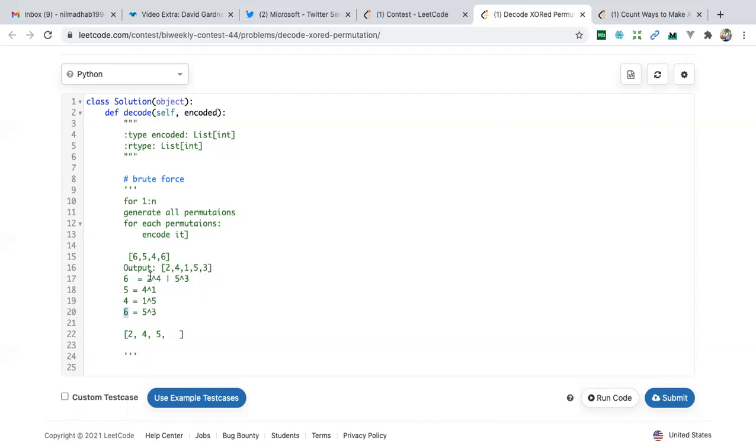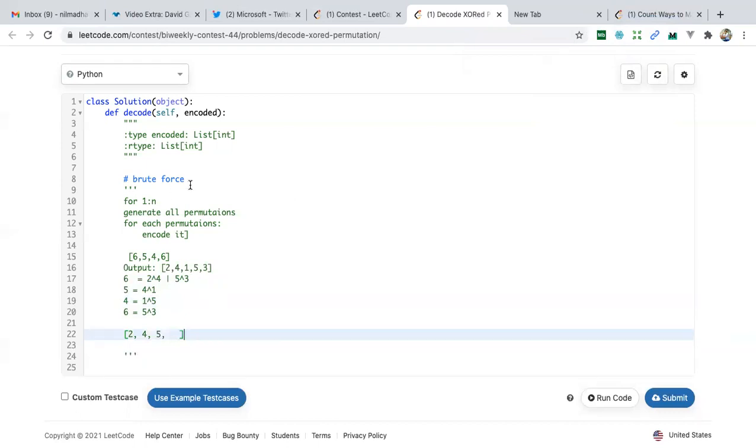We cannot take 4 and 2, because if we take 4 as the first element, the 2 has to be second, but 5 cannot be made with 2. So we have to make a function that will give us the list of pairs, like 2 and 4 and 5 and 3, for which we can get the XOR. And then we just try backtracking and get the solution.